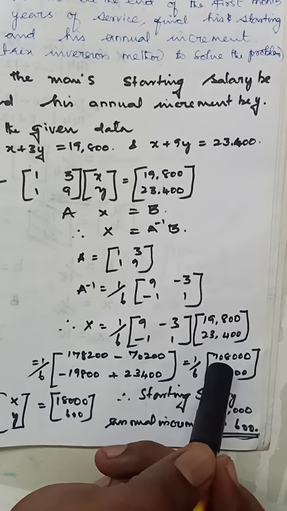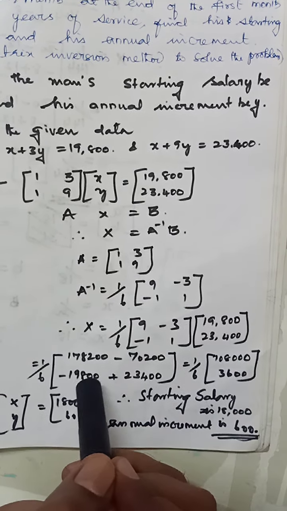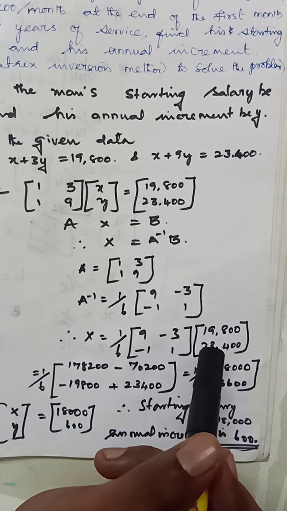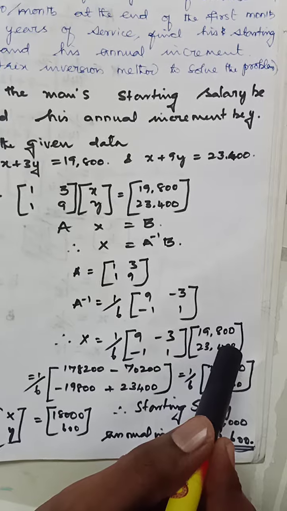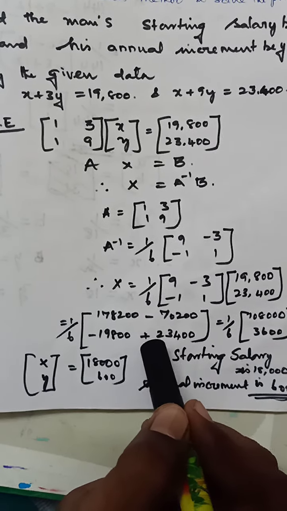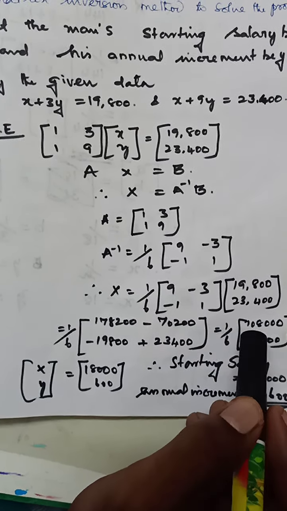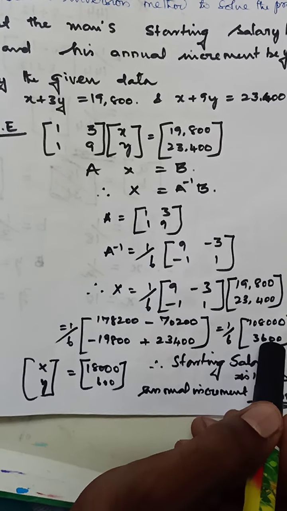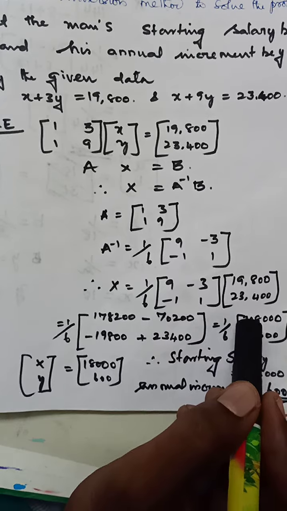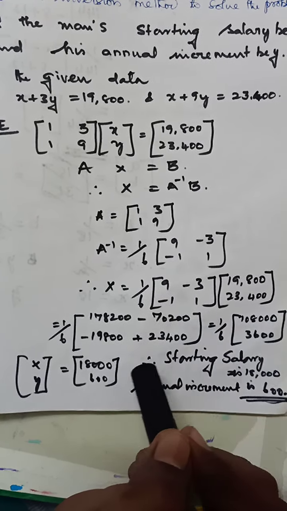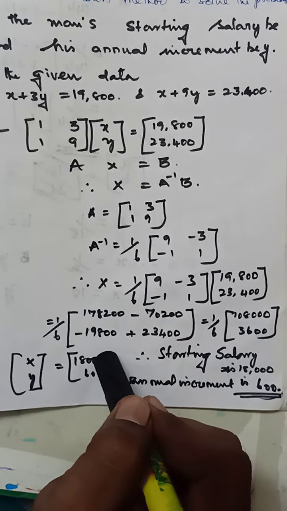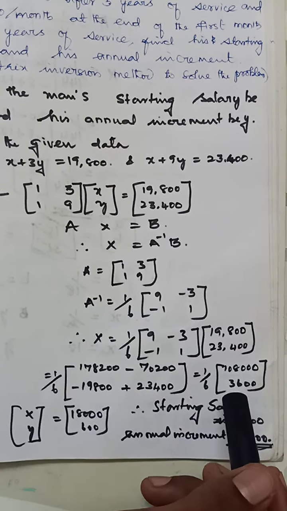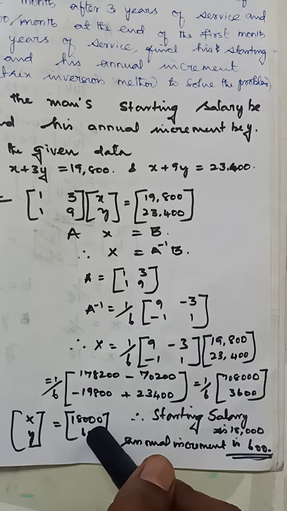Subtraction of these two, you will get 1,08,000, and minus 1 into 19,800 plus 1 into 23,400, so plus 23,400, it is 36,000. So it is 1 by 6 of 1,08,000 and 36,000. We divide 1,08,000 by 6, you will get 18,000, and 36,000 by 6 is 6,000... that is, 18,000 and 600.